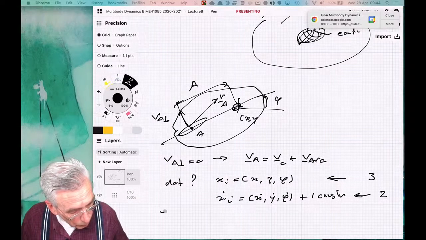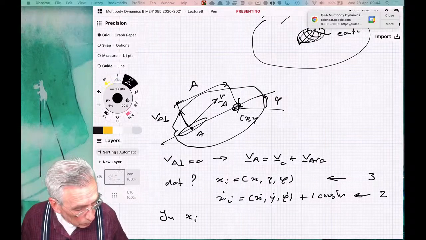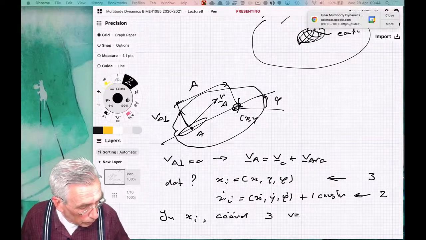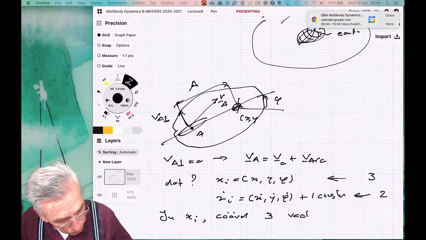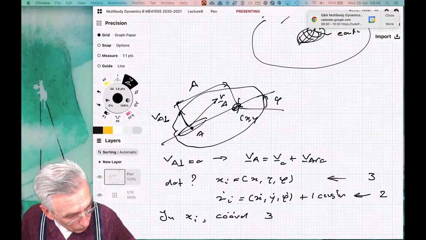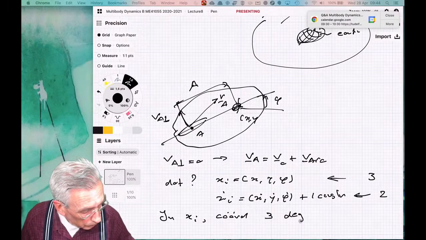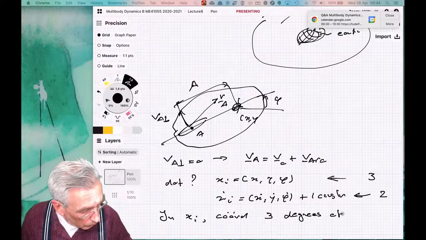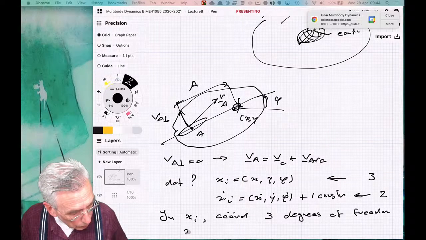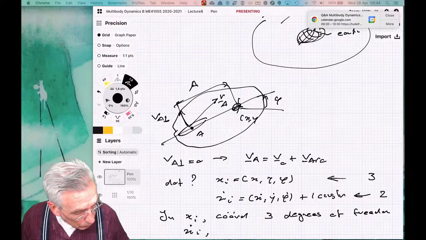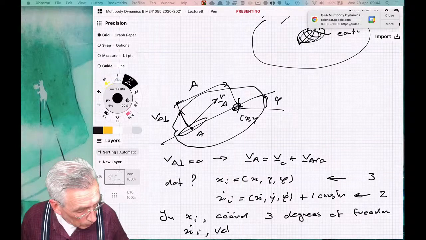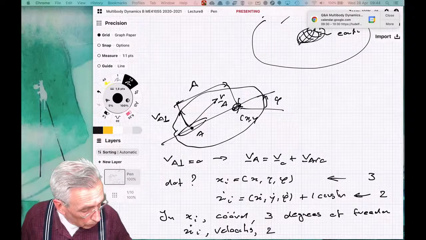So in the coordinates, I have 3 degrees of freedom, whereas in the velocities, I have only 2 degrees of freedom.